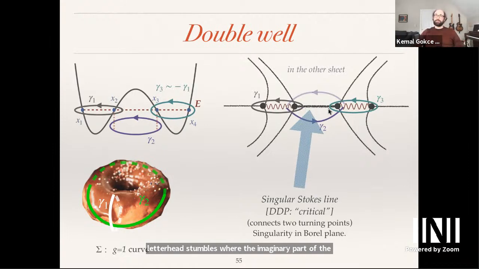So if I have a Stokes line that connects two turning points, then in the Borel plane there will be singularities along the axis of Borel integration. Now I have to deal with this situation. I call it a singular Stokes line. I think there are some sources that call this a singular Stokes line when this happens. Delabaere, Dillinger, and Pham call this a critical Stokes line, but basically it's a Stokes line that connects two turning points, and it will lead to a singularity in the Borel plane.